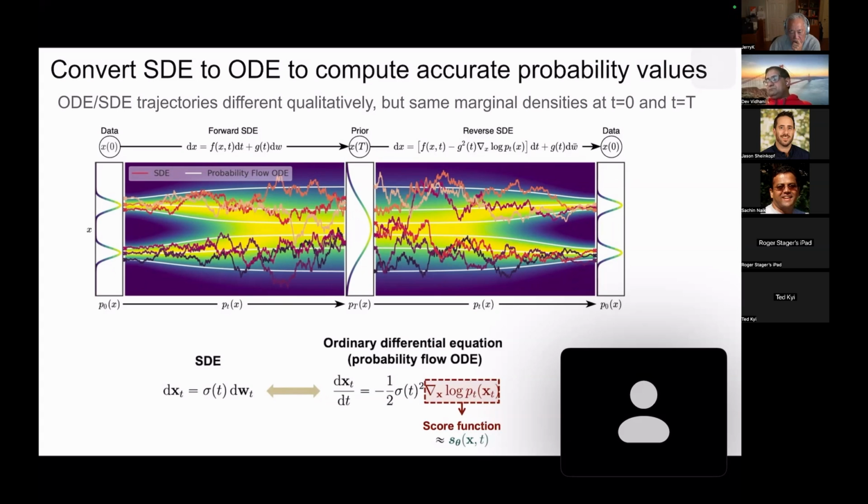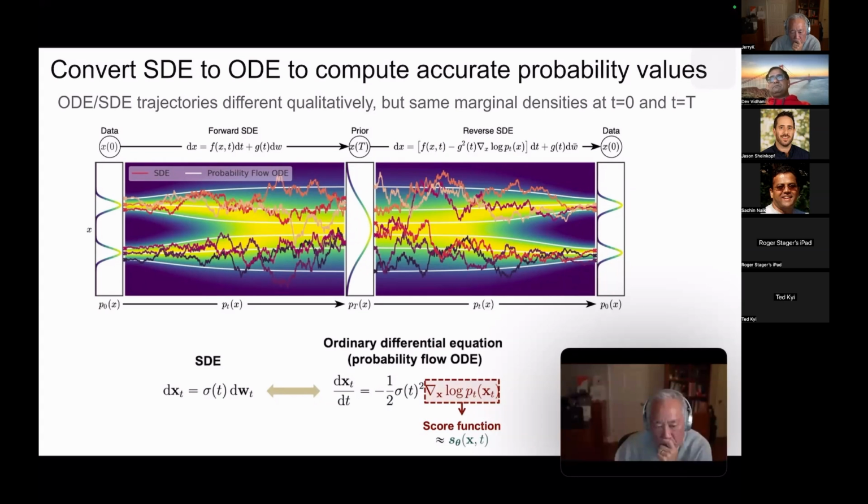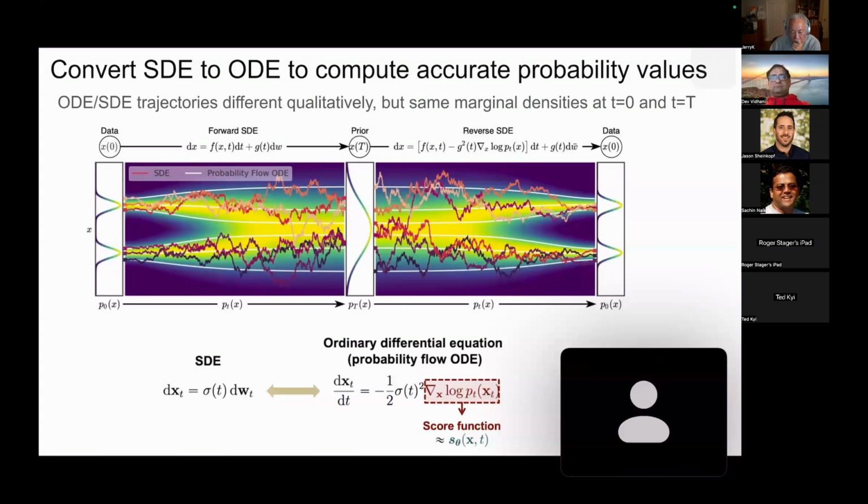So if you see those very top and very bottom white lines, that would never be the most likely path for any point. But what we get is this beautiful one-to-one correspondence where for any given starting point on the left, we have a white trajectory. And if you look at the probability distribution of where all those white trajectories wind up, it's the exact same probability density as the stochastic paths. It just gets there a different way, but it provably has the same distribution.